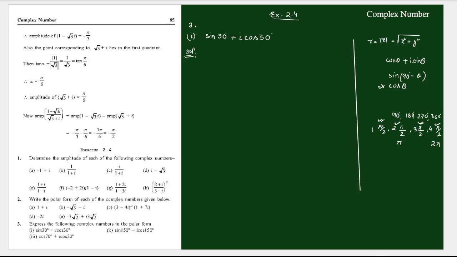Further details we will discuss in trigonometry. Same as the cos, whatever the trigonometric ratios are, they change to each other's form. So cos will be changed into sine theta, same as tan will be changed into cot theta, and vice versa.